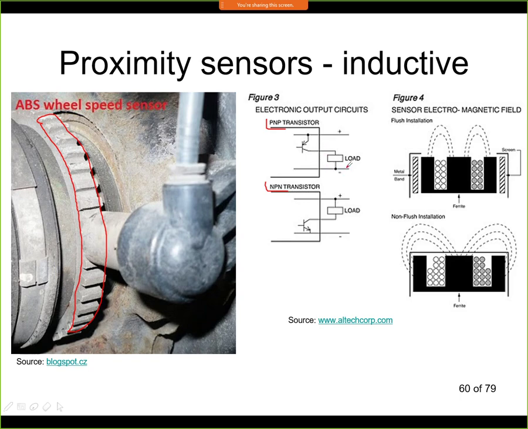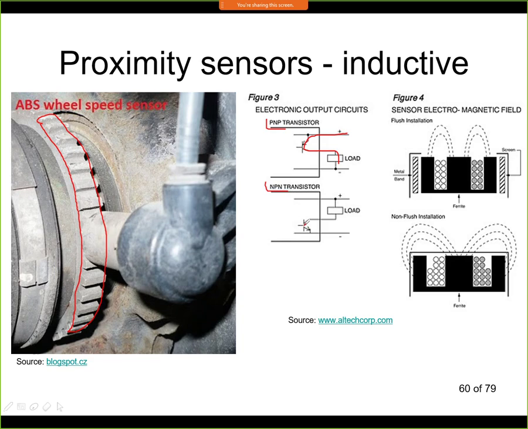So here we have the permanent connection on the minus wire. The plus wire acts as a power supply for the sensor, and then if this switches, it will turn on the current that will then flow through this transistor into our load. And our load can be anything. It can be a voltmeter, it can be an input to the control system, it can be a light, it can be an LED, anything that will tell us that the object is there. So this is called the PNP output or PNP transistor.